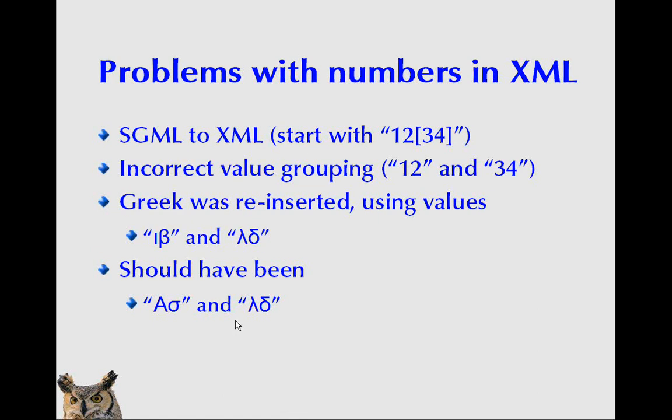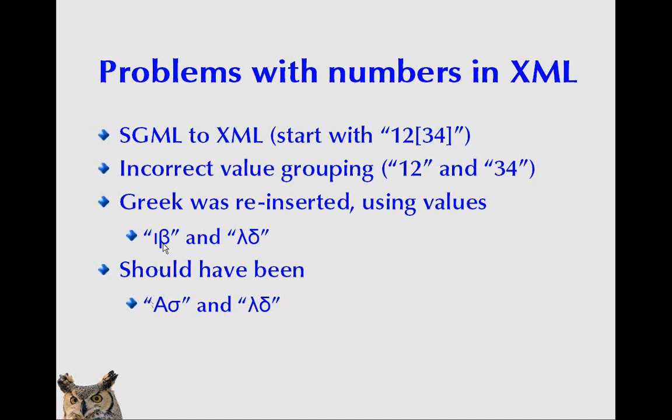When these files were transformed from SGML to XML, a number might start out as 1,234, and the 34 was in the Leiden bracket, so that was assumed. These numbers were incorrectly grouped into 12 and 34. Then, for some reason, these numbers were reinterpreted in the Greek and reinserted in the text.